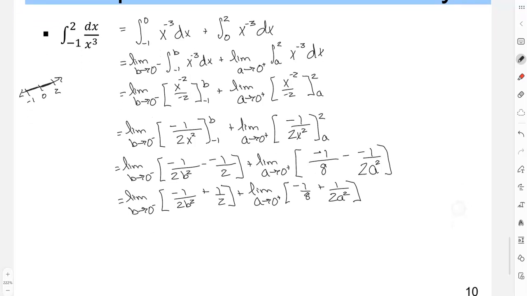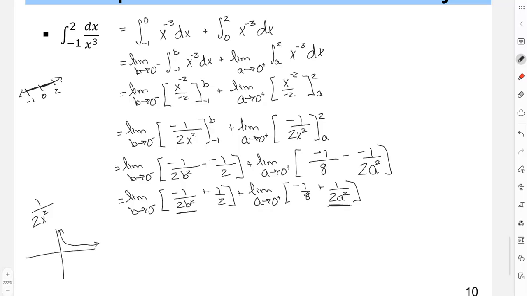So I need to know what's happening as I approach 0 in both of these cases, from the left and from the right. So again, I'm thinking about that function 1 over 2b squared or 2a squared, or I could think about it as 2x squared.